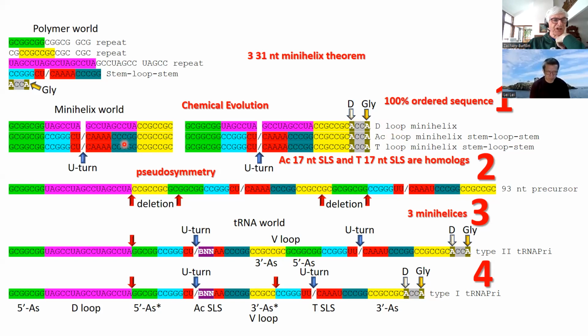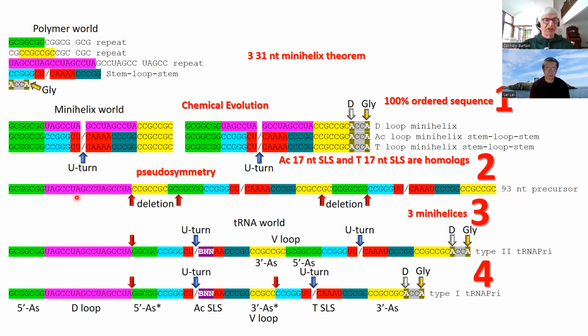And this stem loop stem and this stem loop stem are initially identical. There's some ambiguity in the red segments about exactly what the primordial sequence was. If you take this and you ligate it to that and you ligate it to that, you get this. That's 93. That's 3 times 31.